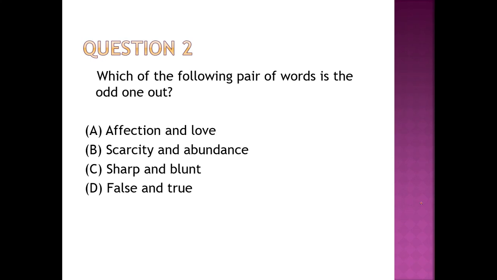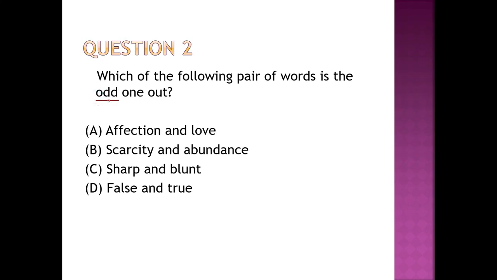All right, so this one says, which of the following pair of words is the odd one out? Okay. All right, so this question is a similar type of question to the first question, but it's asking us to identify something different. So it says which pair of words is the odd one out.